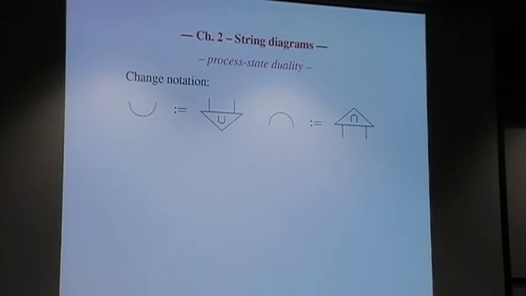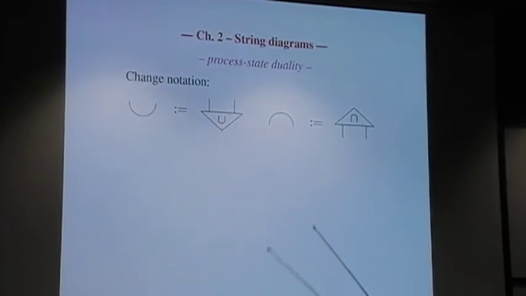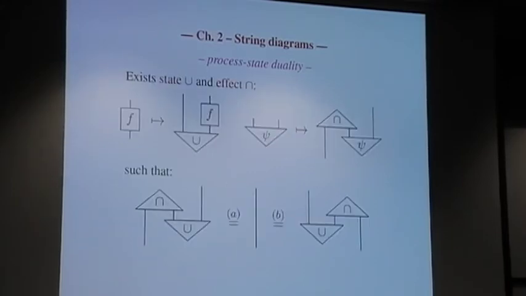But we can actually make the situation a little bit nicer. Instead of denoting this state like we did, we will actually now just denote it by a little cup. And instead of denoting this effect like we did, we will denote it like a little cap. And then look at the bottom equation there.